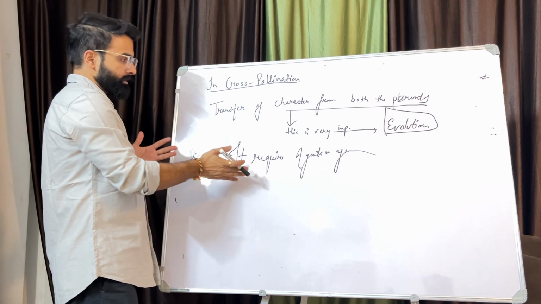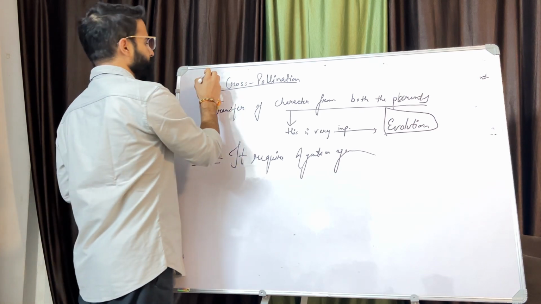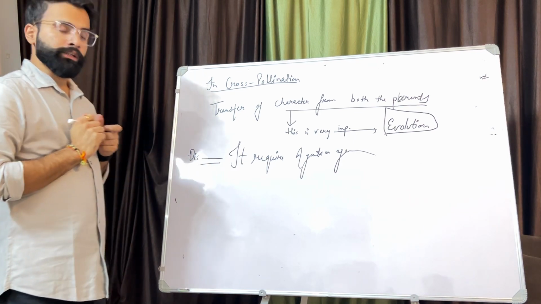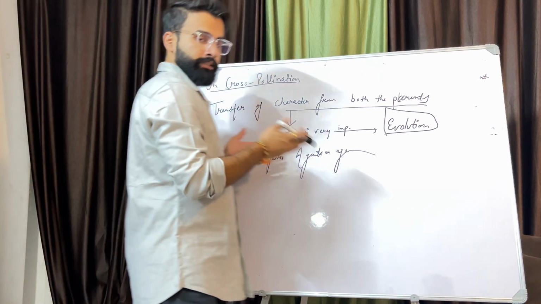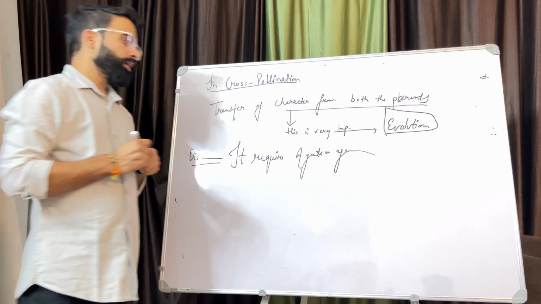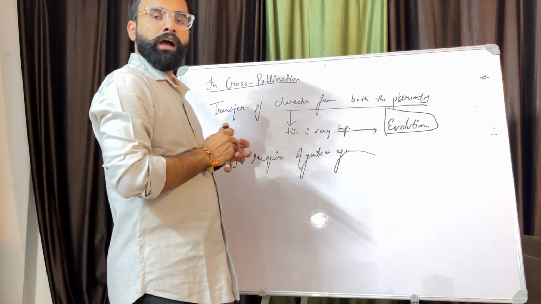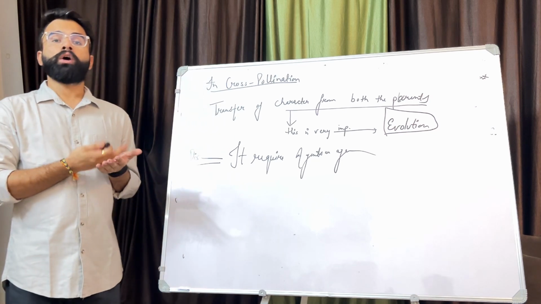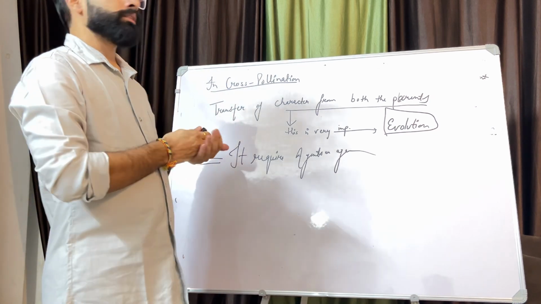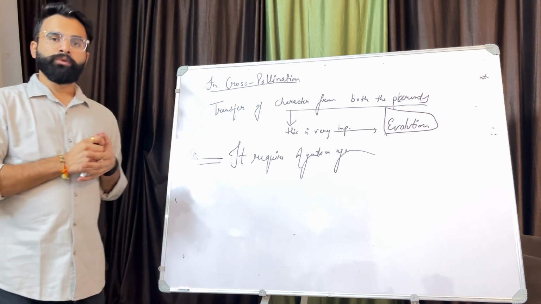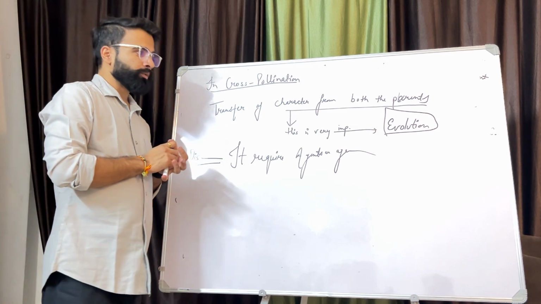So these cross-pollinated flowers have some adaptations. They are adapted according to the environment and according to their agents. For example, the flowers which are pollinated by wind have light-weighted pollen or feathery stigmas. These kinds of adaptations take place in these flowers. Okay, that's all for now. Thank you.